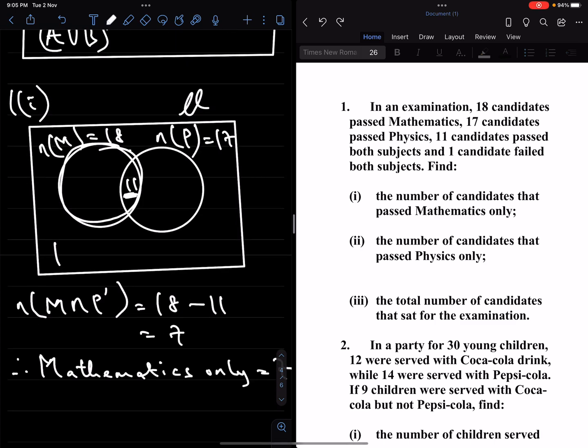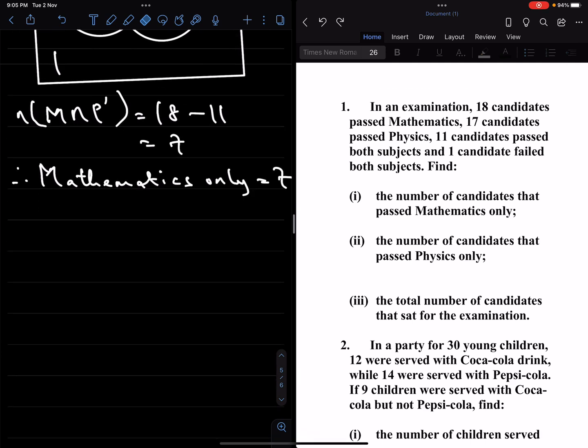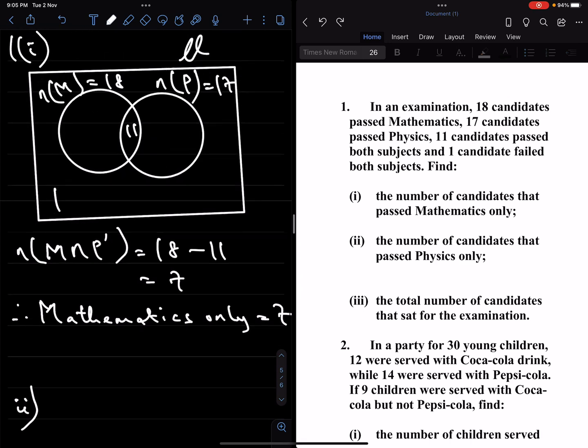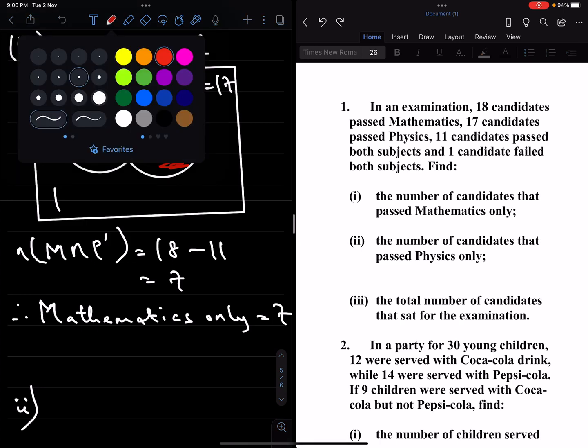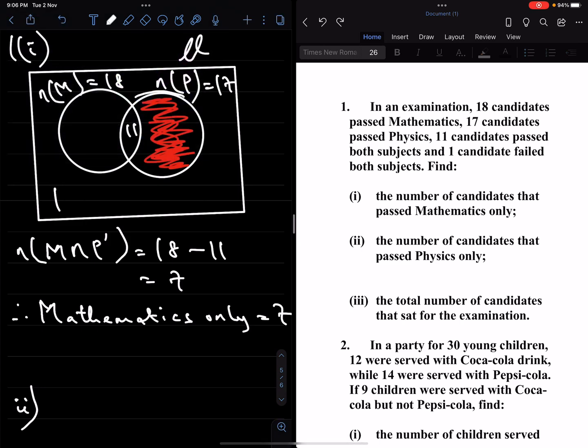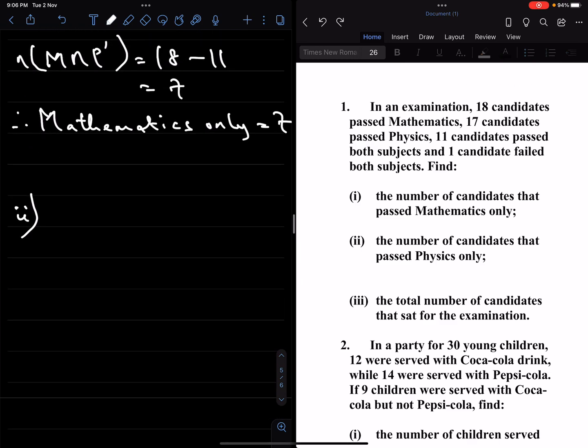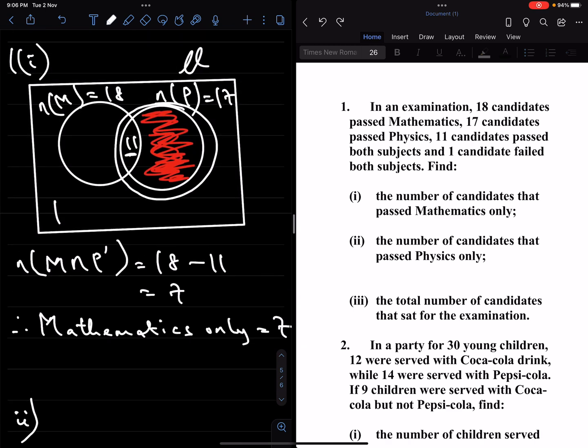Now to the second. The second question is the number of candidates that passed physics only. That's the whole of this place. That's what this region represents. That's only physics, and that's going to be the number of students. The whole of this is 17, and we know this part to be 11. That means the remaining part is going to be 17 minus 11. Physics only.